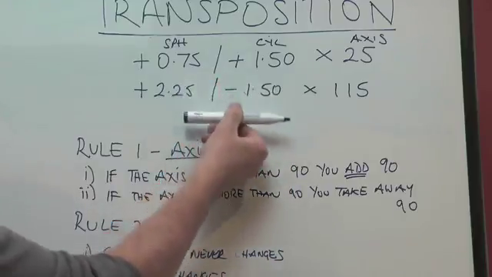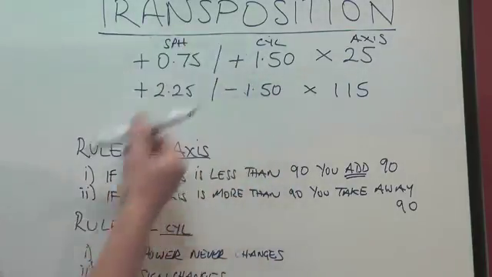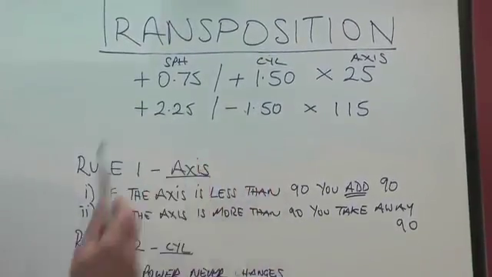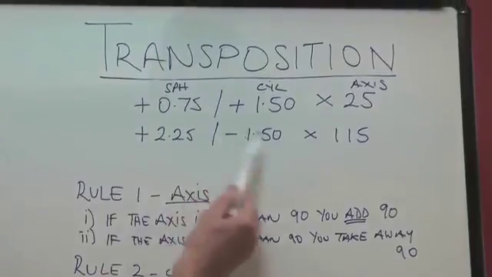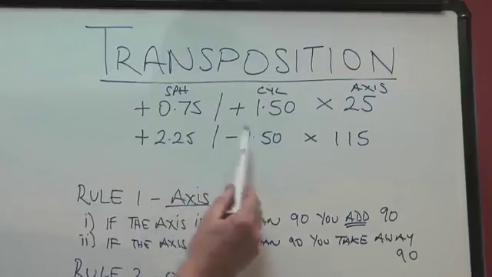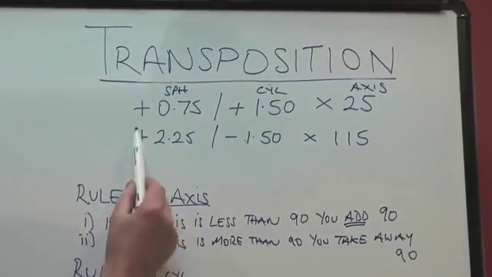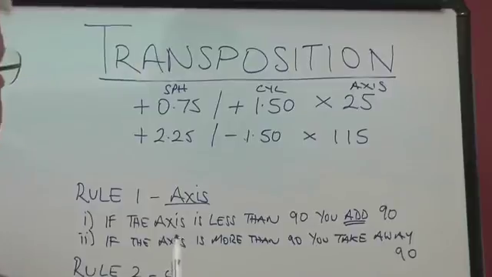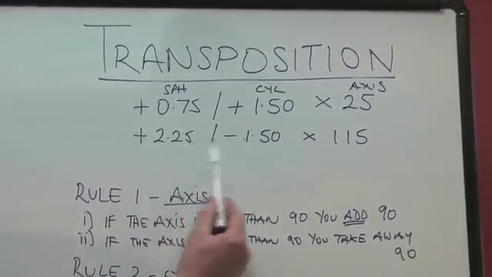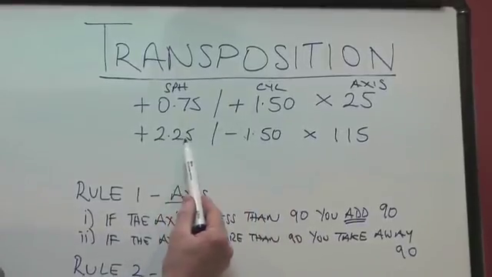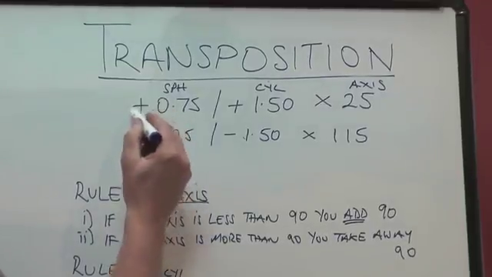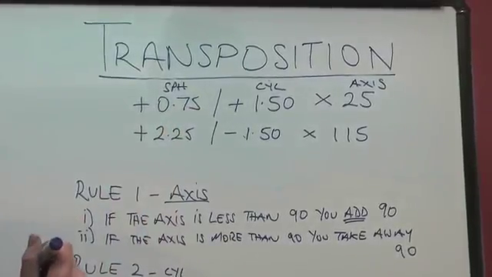If we want to transpose that back into the plus cyl form, we have to take the 1.50 away from the 2.25, and that equals 0.75. So it's the difference between the two. The sign always corresponds to the sign of the bigger number. The bigger number between these two is 2.25, so the sign is a plus. So you end up with a plus 0.75.